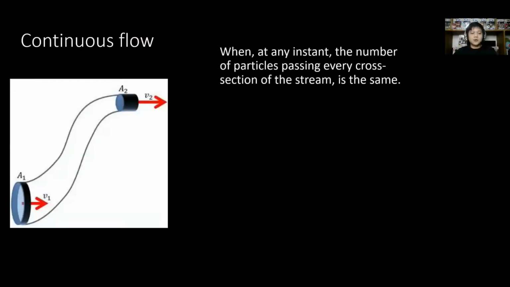Continuous flow happens when, at any instant, the number of particles passing every cross-section of the stream is the same. For this condition, the continuity equations are the following.